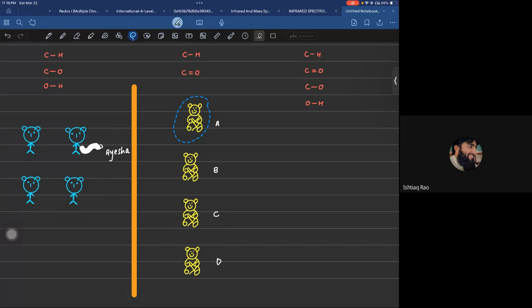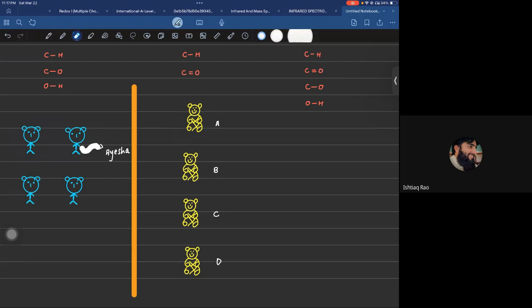Basically we will notice the response of an organic compound after providing infrared radiation. Different bonds absorb different radiations. This is a very easy and interesting technique.